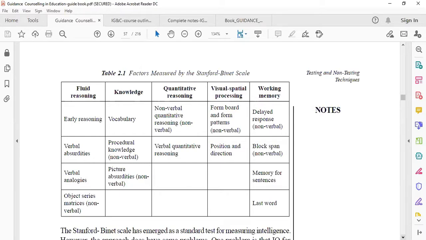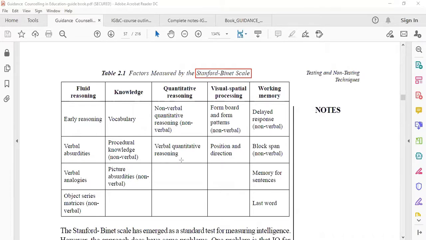And as far as mental age is concerned, mental age is measured through the Stanford-Binet scale. Then whatever results we get, we divide that mental age score by the chronological age, and whatever value comes is called the IQ of a person.